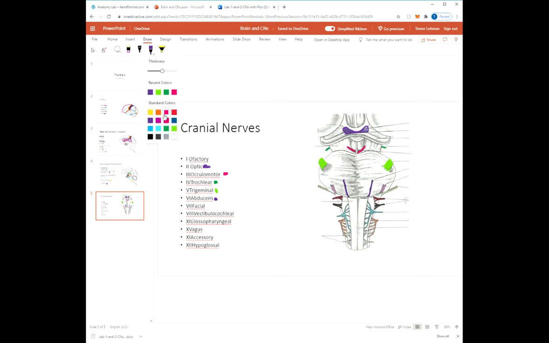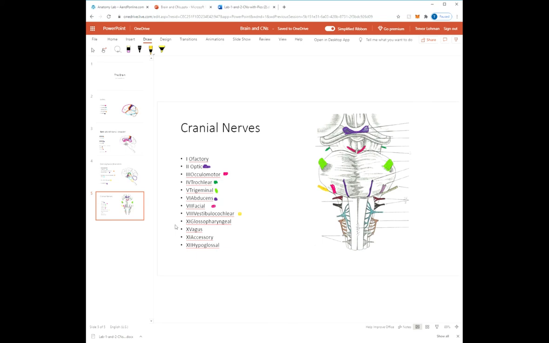So facial, they did like a pink. There it is. Facial nerve. Vestibulocochlear is maybe a yellow. Now in a quiz, I want you to say vestibulocochlear, not 8, please.